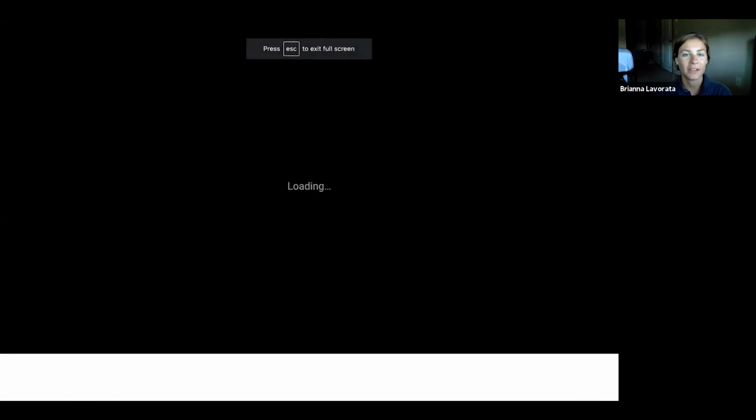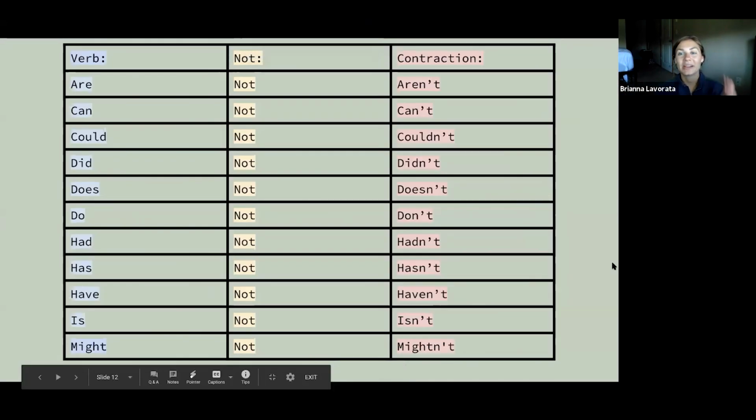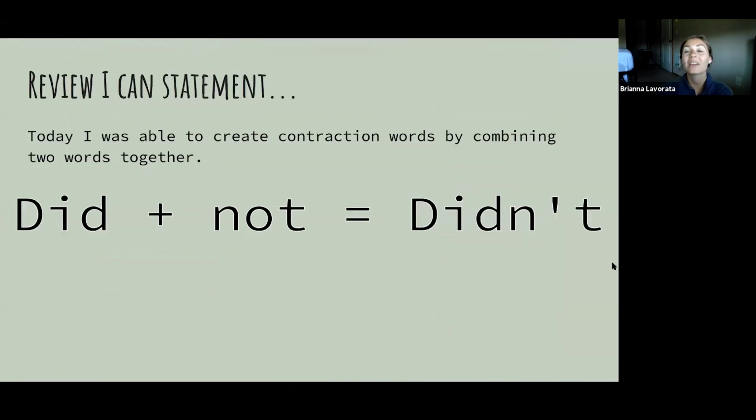Let me make that bigger for you to see. In this lesson, you were able to really think about contraction words, right? Let's go ahead and review that I can statement. Today, I was able to create contraction words by combining two words together. For example, we had the word did and the word not equals didn't.